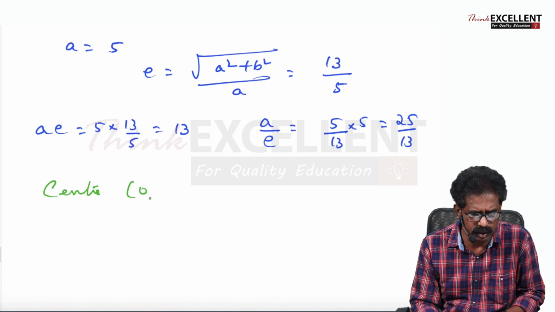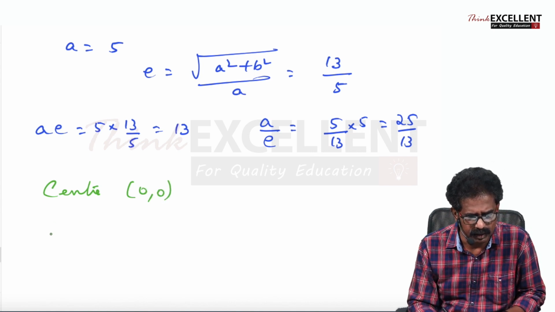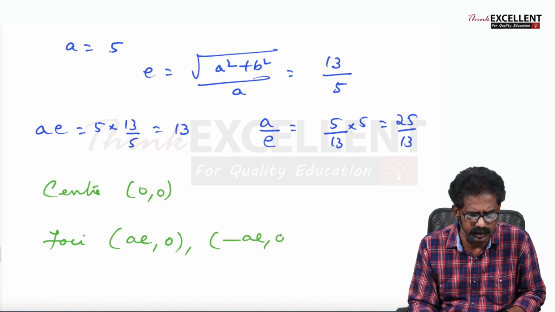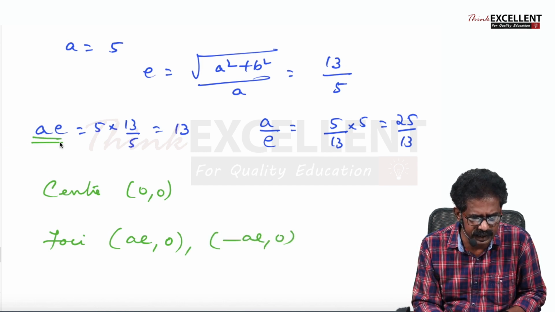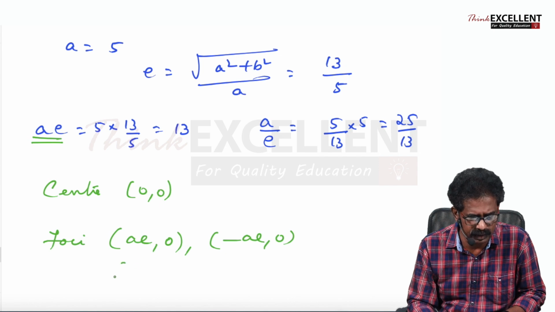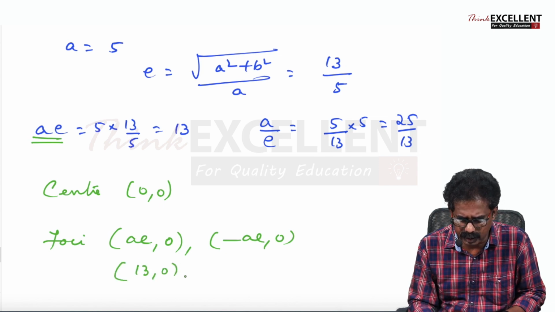So here it is 0, 0 only, because along x-axis, center is this one. Then foci, c, 0, or you can say ae, 0. Both same only. ae, 0 and minus ae, 0. ae only we take it as c, 0. Okay, so that is 13, 0 and what? Minus 13, 0.